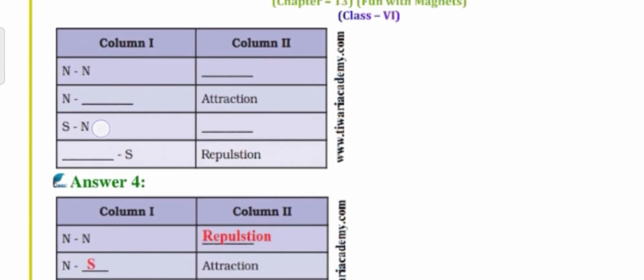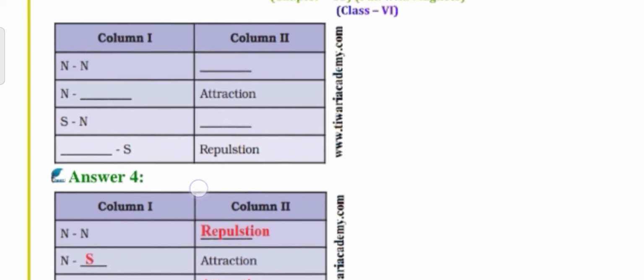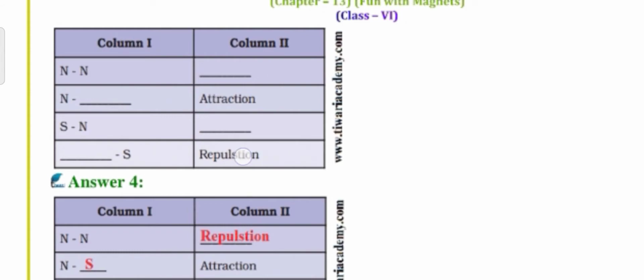Now the third one is south pole and north pole. What will happen? Attraction or repulsion? Yes, very good. Attraction takes place because these are two opposite poles, south and north. Similarly, in the last case, it has been given that it is a repulsion.